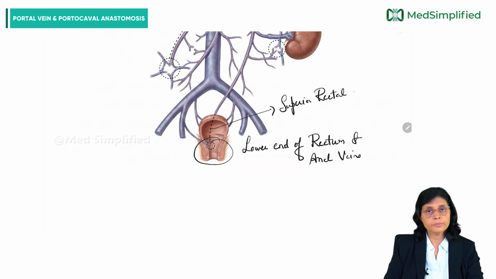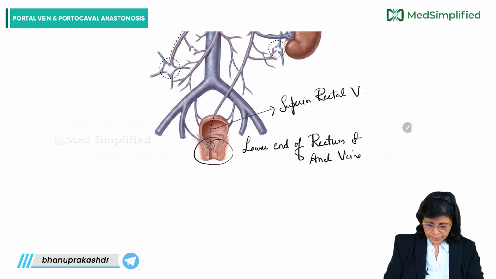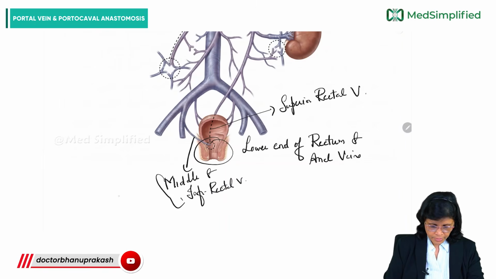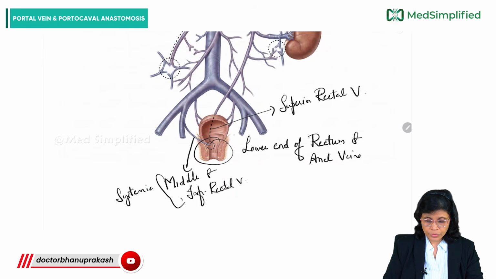Whereas the middle as well as inferior rectal veins belong to the systemic or the vena cava system. So the anastomosis happens here.